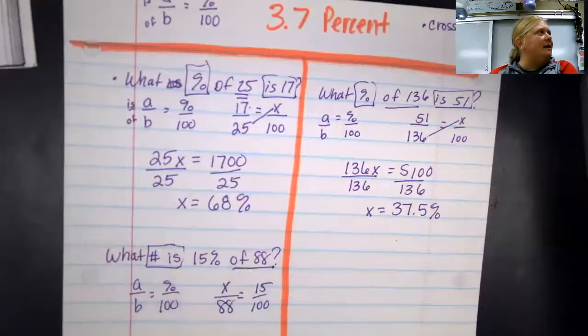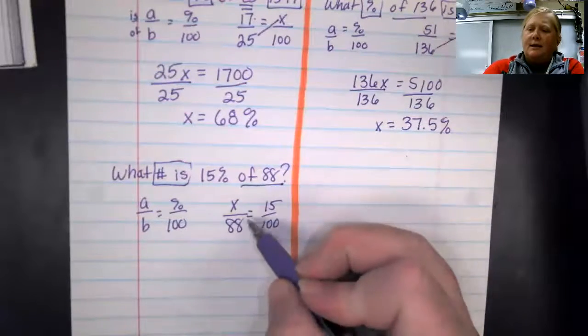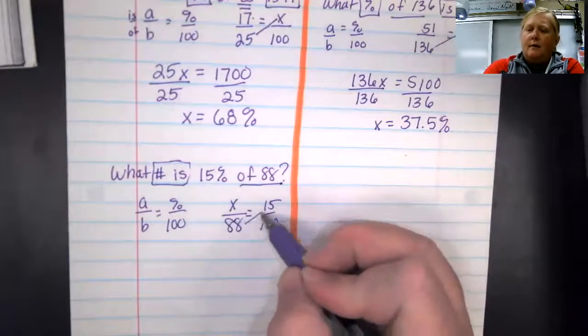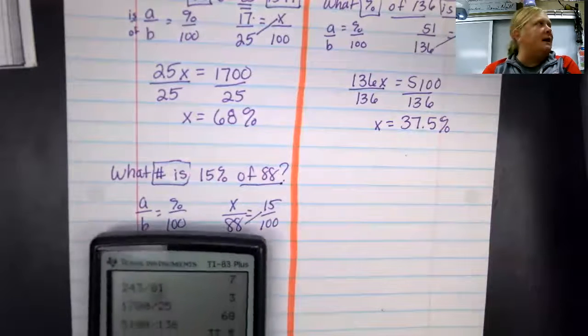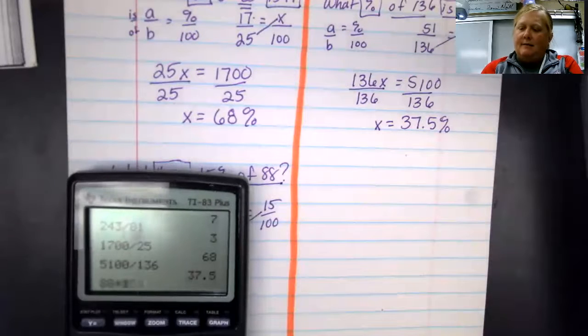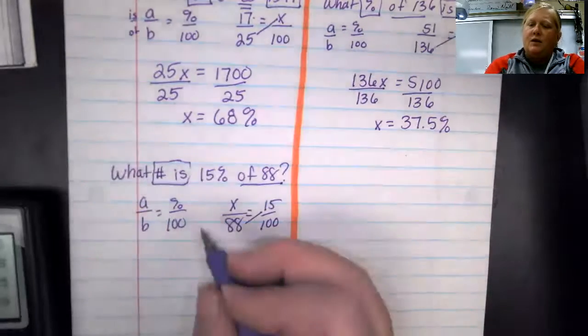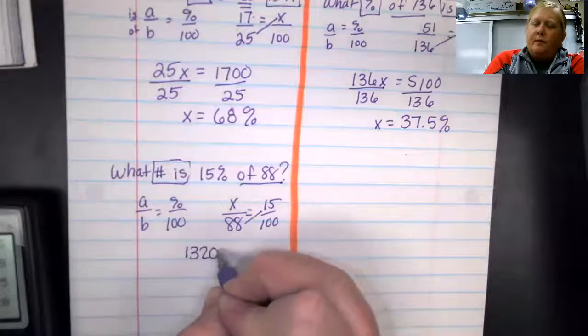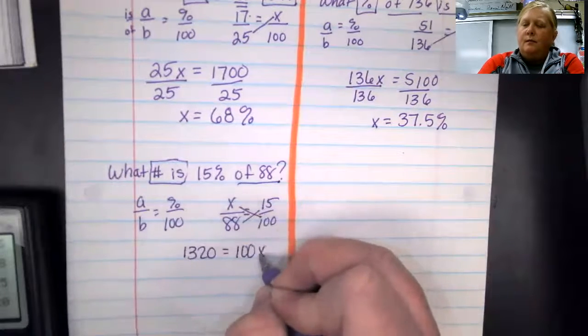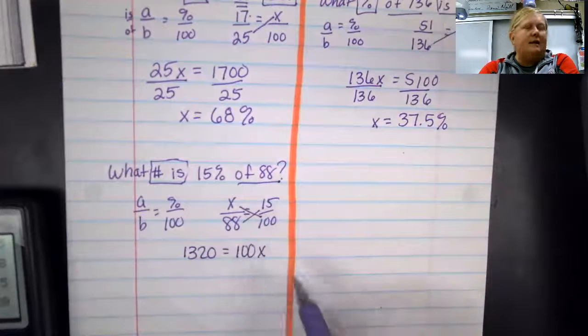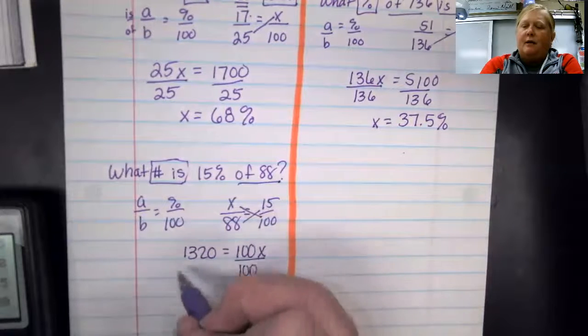Well, that's easy. I still cross multiply. 88 times 15, because I always do that first. Notice that I always did that. 88 times 15 equals 1320 equals x times 100. Notice I've got my x on this side, so I'm going to divide by 100, aren't I?